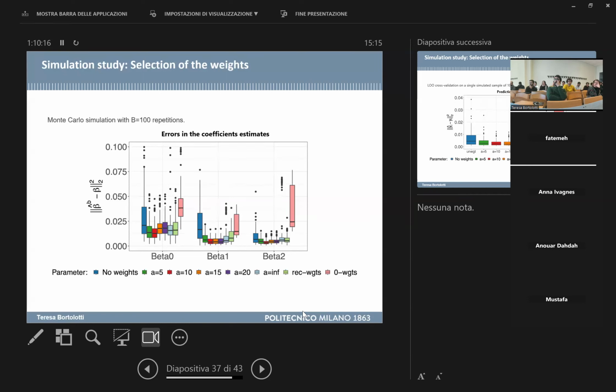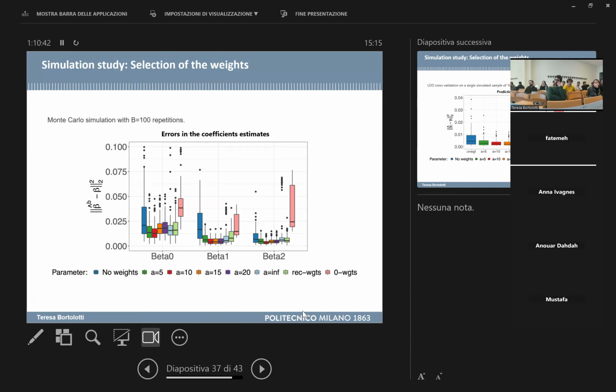The idea here was not really to identify a system of weights that could optimize all coefficients jointly. You would want eventually to find the best system of weights that could decrease the prediction error on the Ys, the response. This is why we did the cross-validation methodology for selecting the best system of weights.